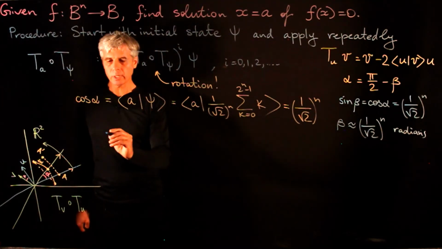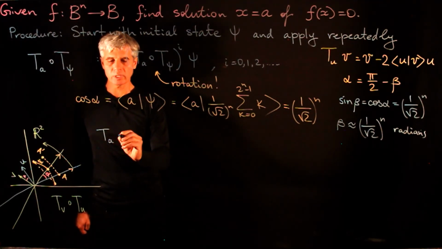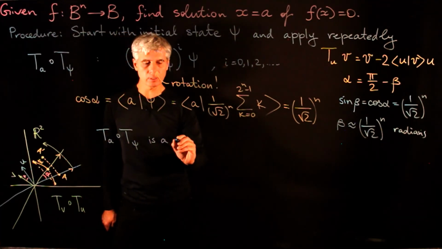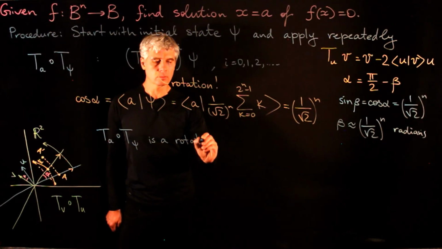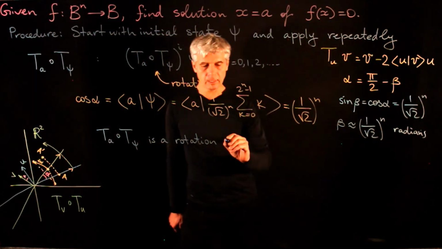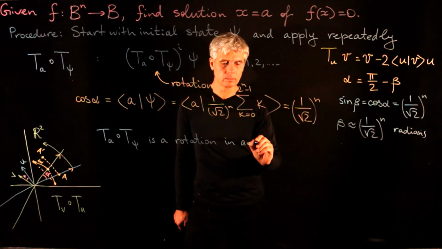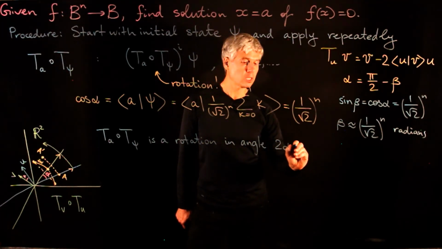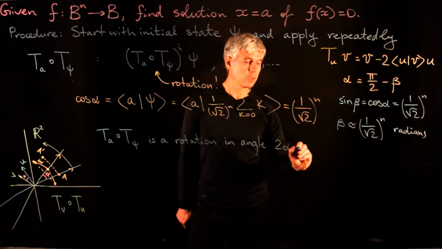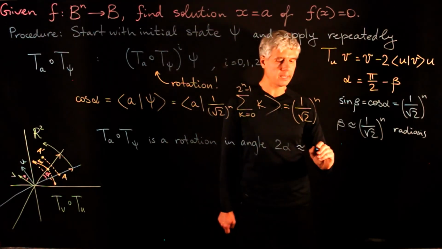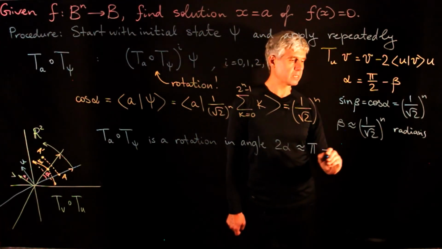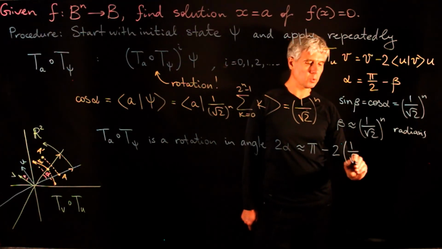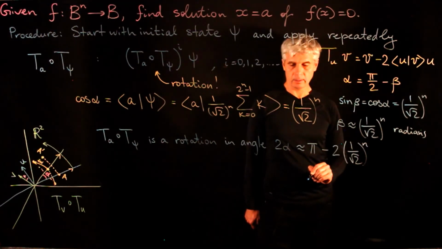So we conclude that this composition, T_A composed with T_psi, is a rotation by an angle alpha, which is approximately equal to pi minus 2 times 1 over square root of 2 to the power n, right?